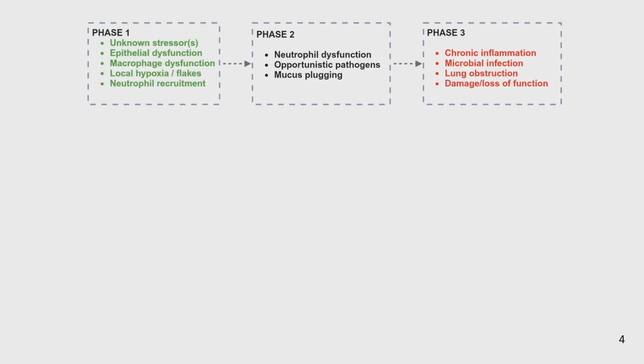All of this, along with unknown stressors and local hypoxia, leads not just to neutrophil and macrophage-associated inflammation, but also bacterial infections, leading to permanent lung damage or structural damage.